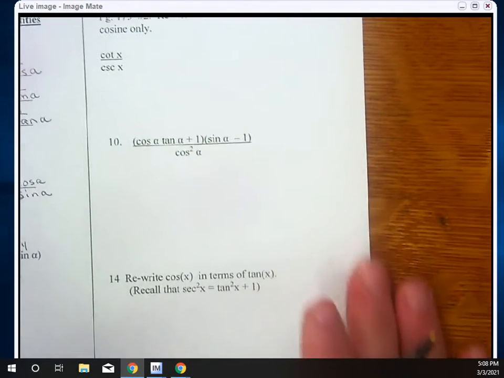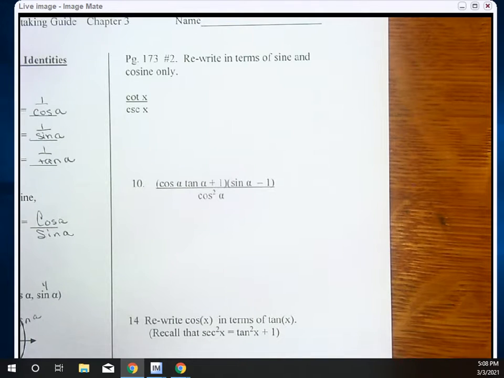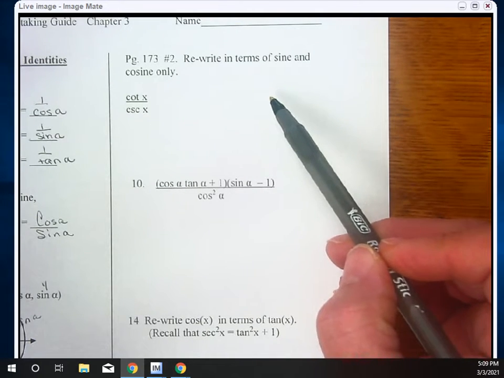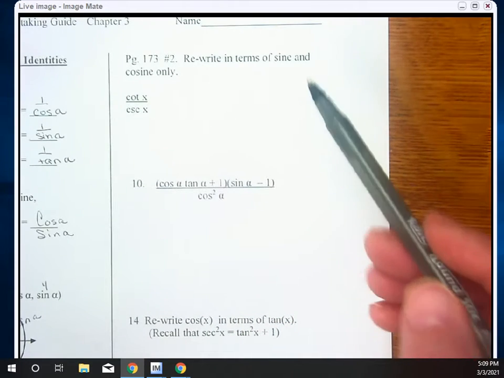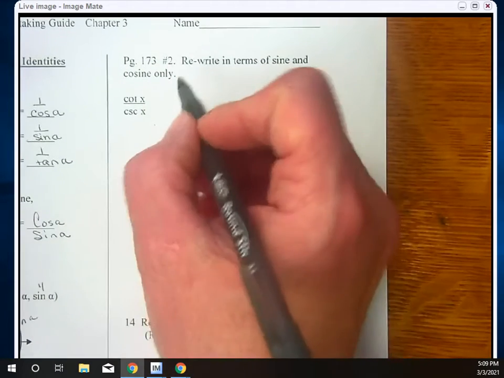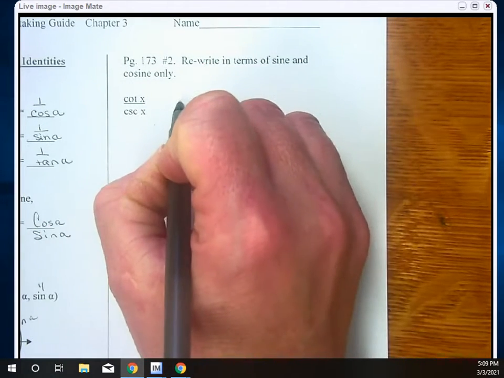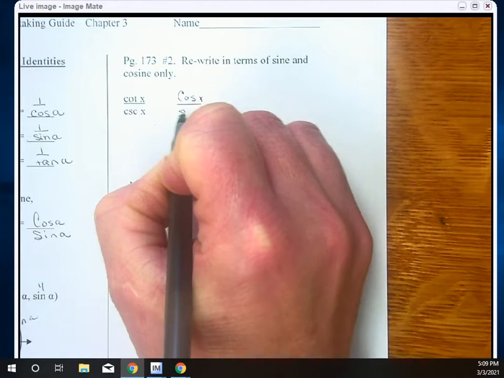When we are looking at rewriting the math problem in terms of sine and cosine only, what we want you to do is, this is a fraction. Cotangent, looking over at my reciprocal, is cosine of x divided by the sine of x.